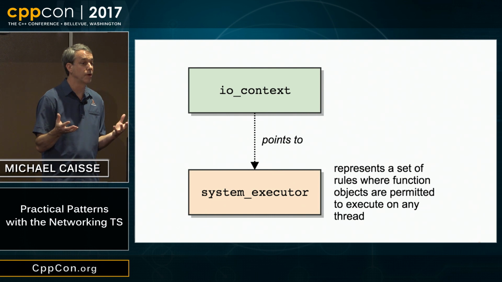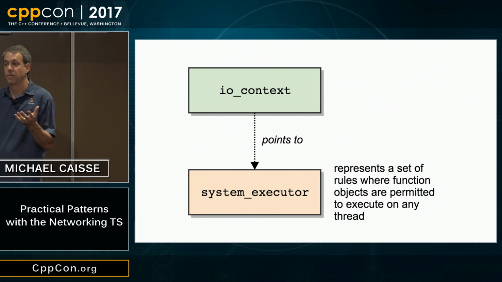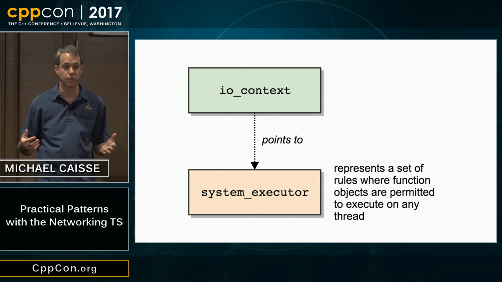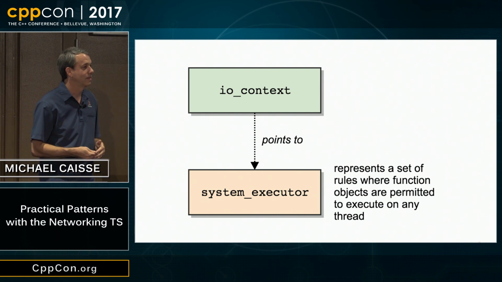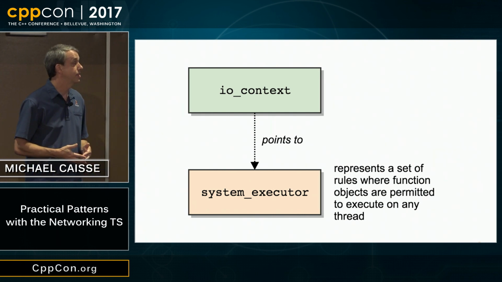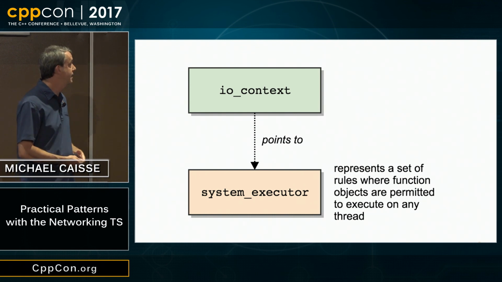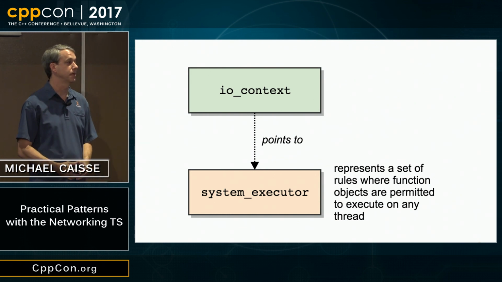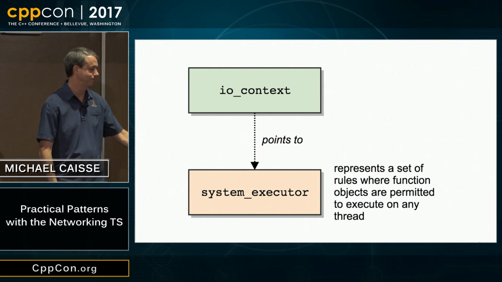So if there are multiple threads of execution associated with this, and we have multiple function objects queued up to be executed, they can just all execute whenever. It also says some other things. Some of them are a little more surprising at first: if you throw an exception and it is caught within the executor, the system executor will politely call terminate for you. So there are some things you may want to find out about your system executor.